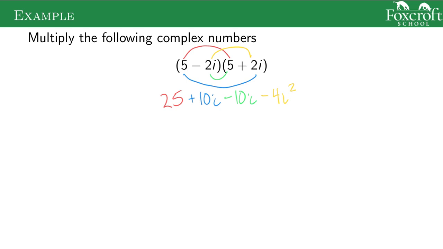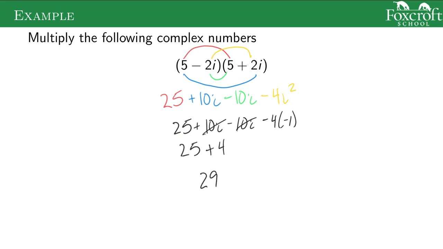Now we're going to replace i squared with negative 1, and then simplify. You'll notice that these terms in the middle, 10i minus 10i, cancel out, and my final answer is just 29. So there are these rare cases where when you multiply complex numbers, you end up with something that's not a complex number.